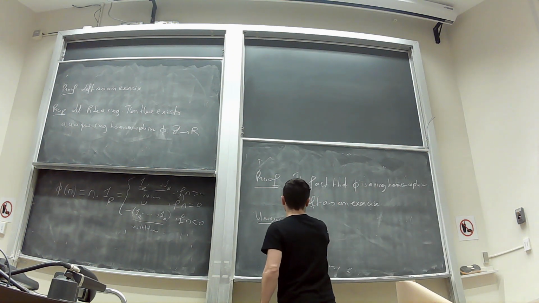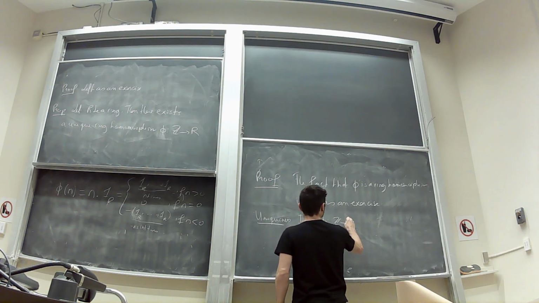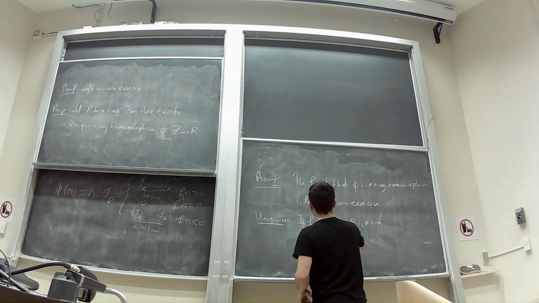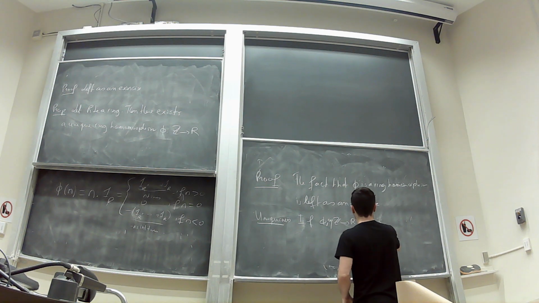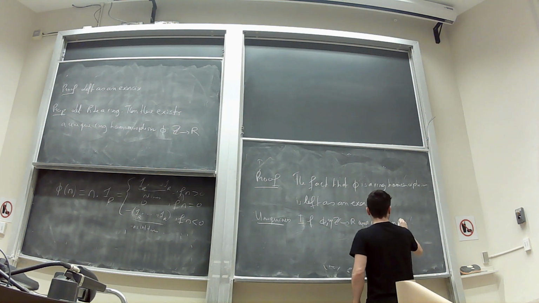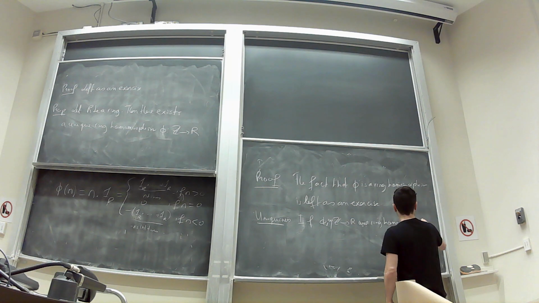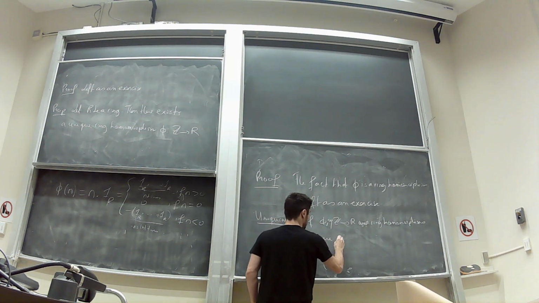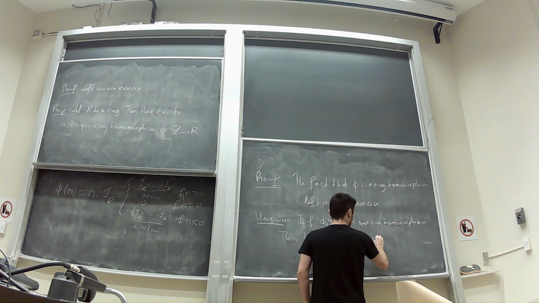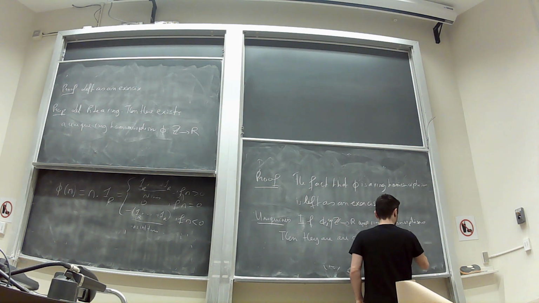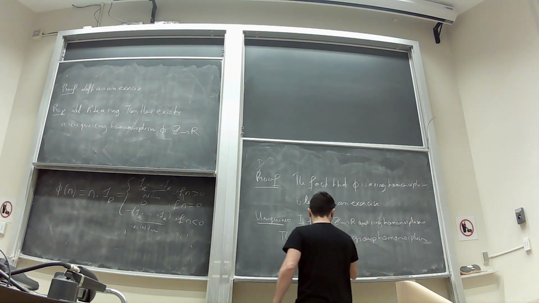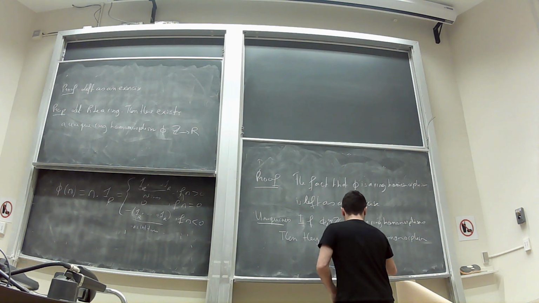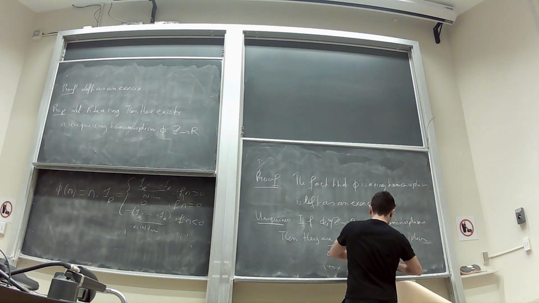So let's say phi and psi are ring homomorphisms from Z to R. Then they are group homomorphisms from Z to R, such that phi of 1 is equal to psi of 1, which is equal to 1_R. Right? Agreed? Are we good? It's fast? Okay.